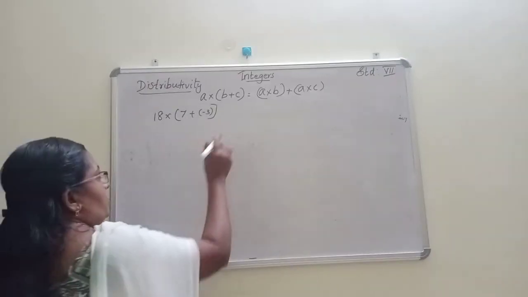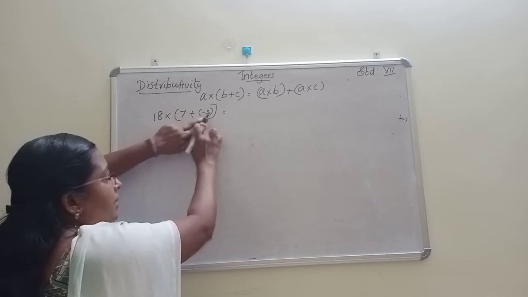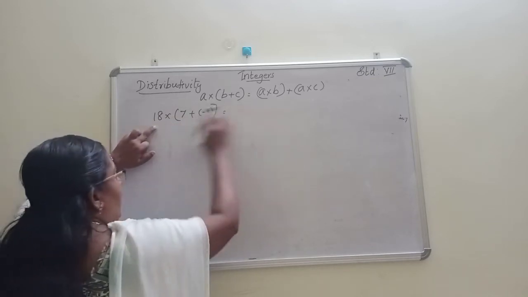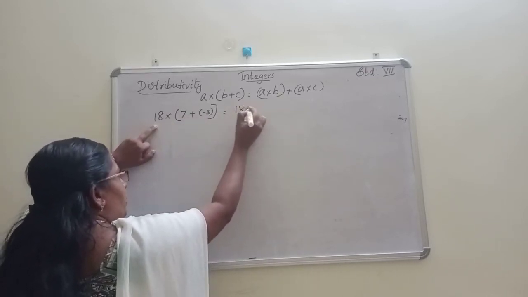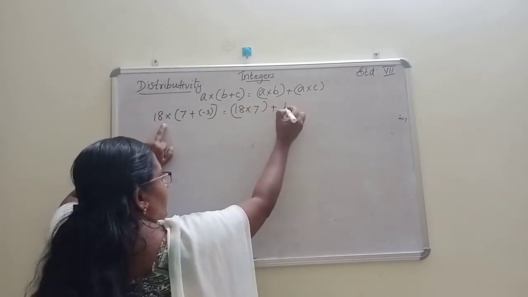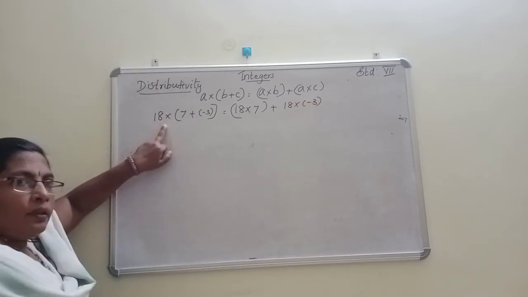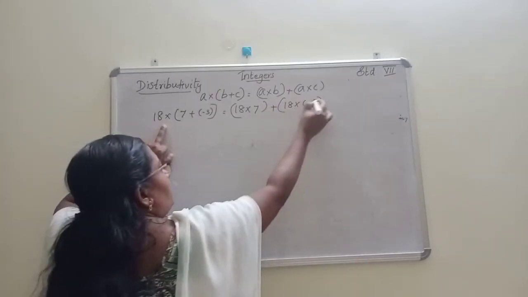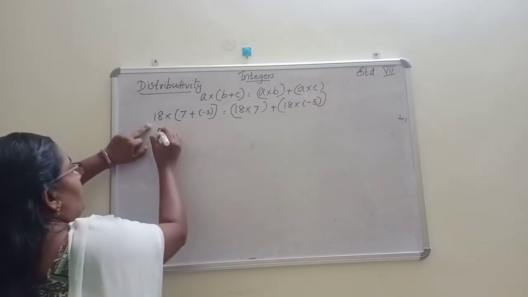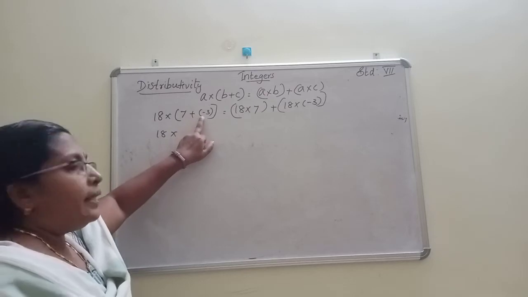You can expand it. That is A into B plus C, so that is A into B, that is 18 into 7 plus 18 into minus 3. Here 18 into, here positive and here negative.